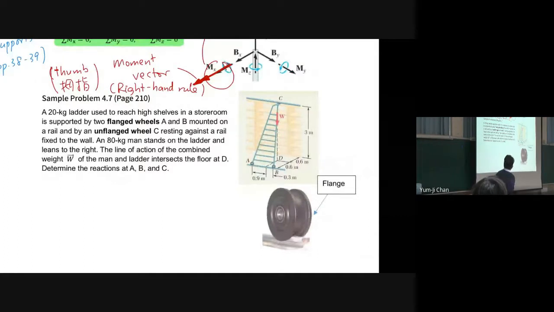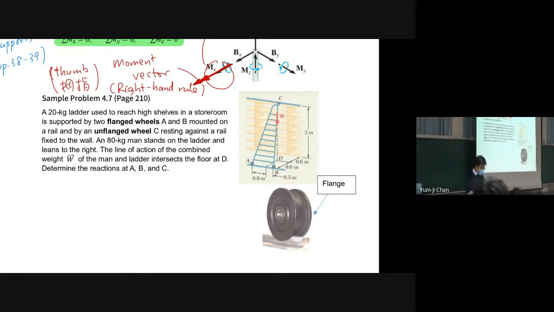A 20 kilogram ladder used to reach high shelves in the storeroom is supported by 2 flanged wheels A and B mounted on the rail and by a flanged wheel C resting against a rail fixed to the wall. An 80 kilogram man stands on the ladder and leans to the right, and the line of action of the combined weight W of the ladder and man intersects the floor. Determine the reactions at A, B, and C.